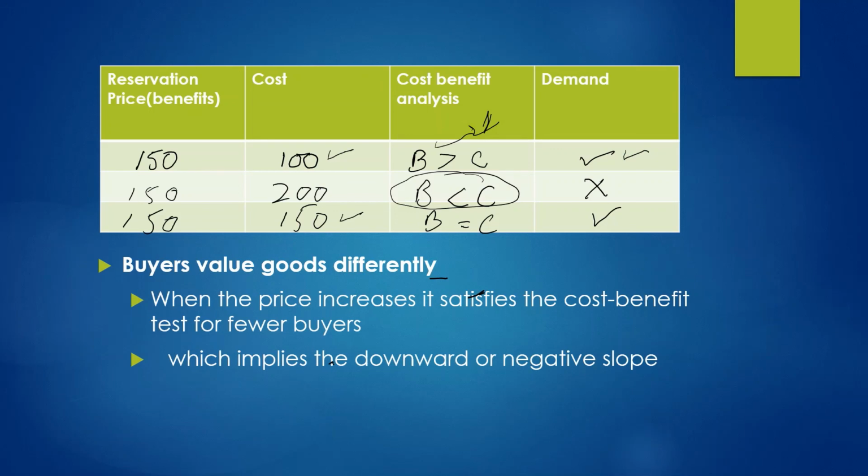So when the price increases, it satisfies the cost benefit test for fewer buyers, right? Because of the increase of price, the cost benefit principle is satisfied for fewer buyers, for whom the reservation price is higher than the actual cost.